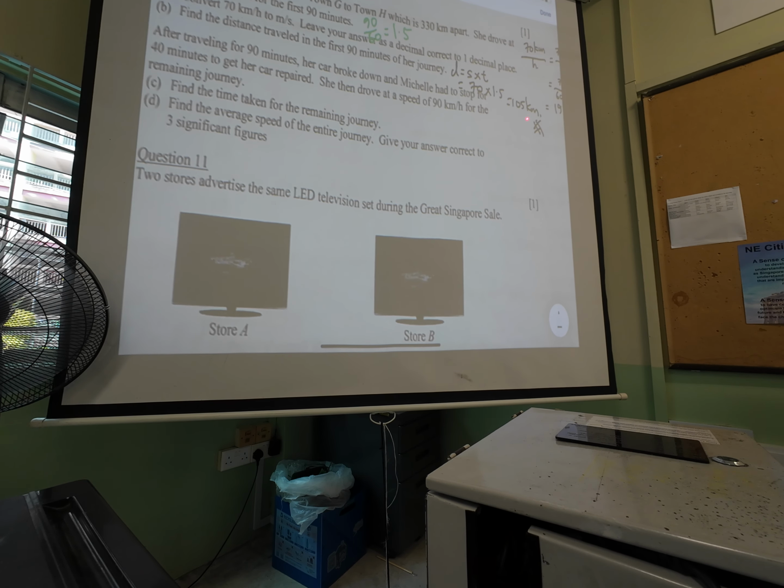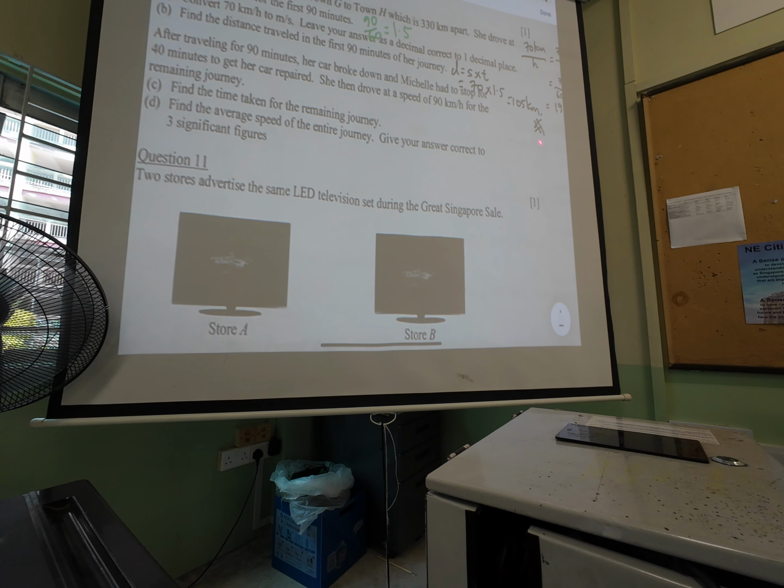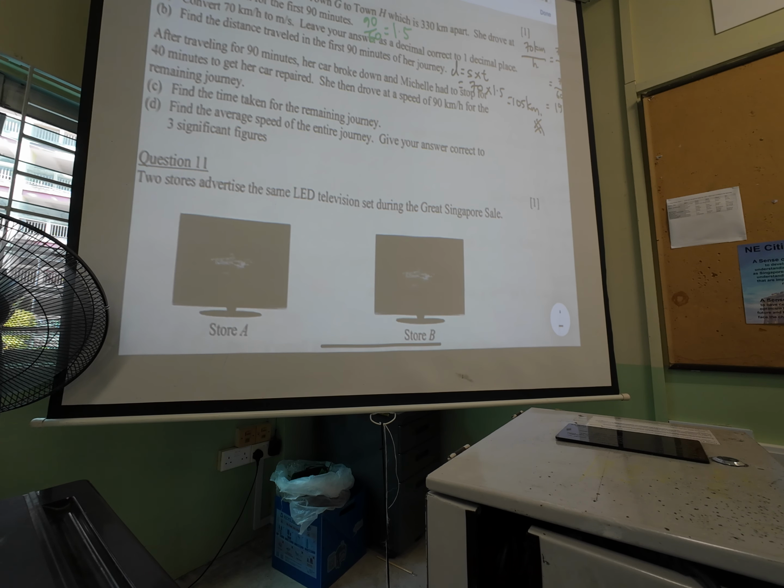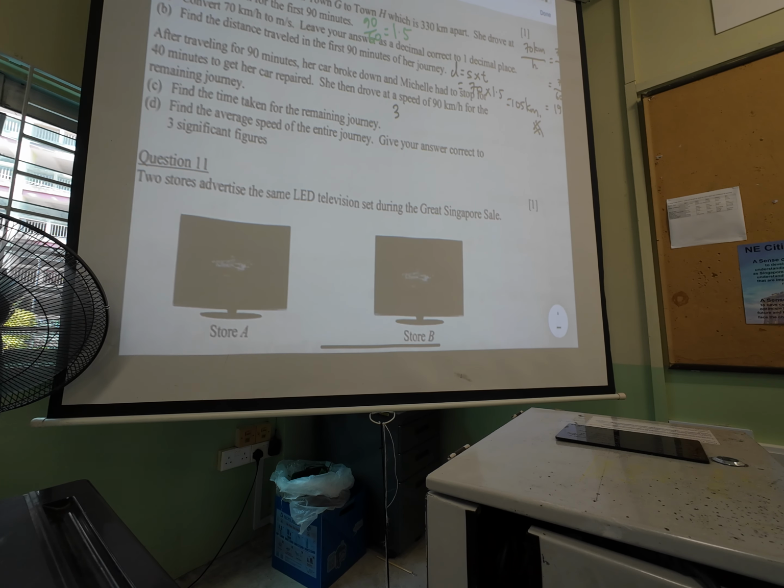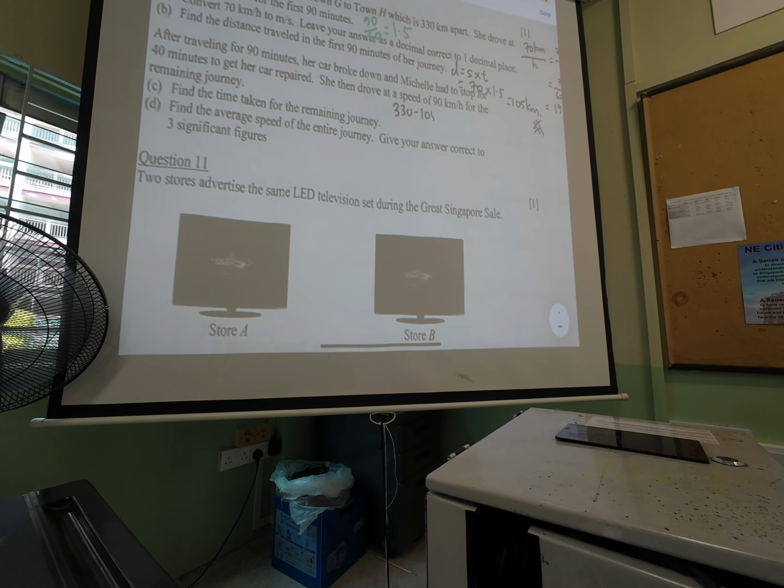Then she traveled 105 already. So still left with the difference. There is still a part that you yourself need to find. That is 330 minus 105. Her remaining journey is 225. Distance of her remaining journey.